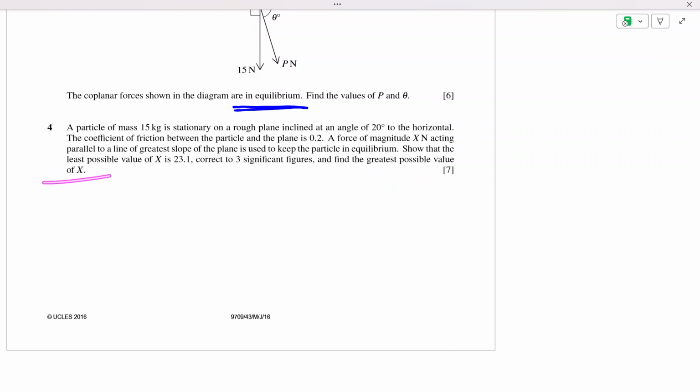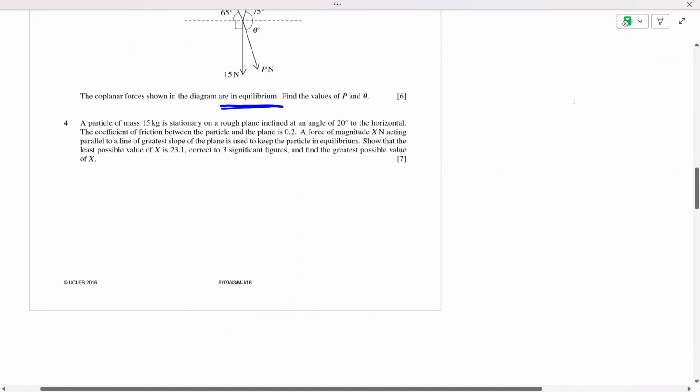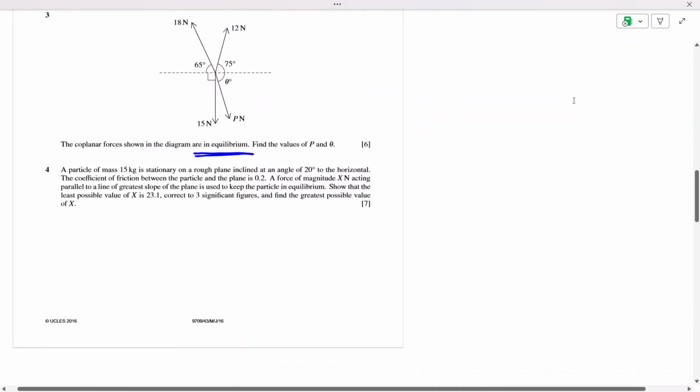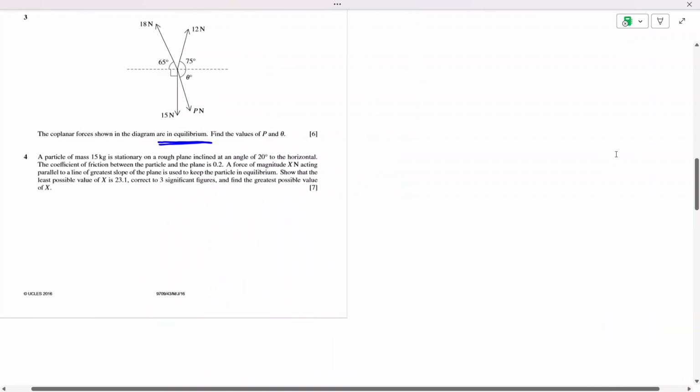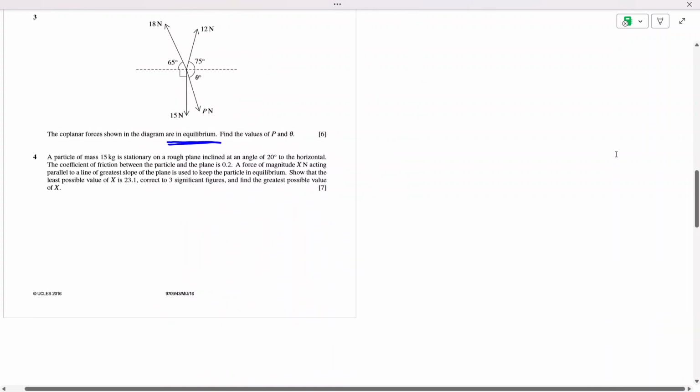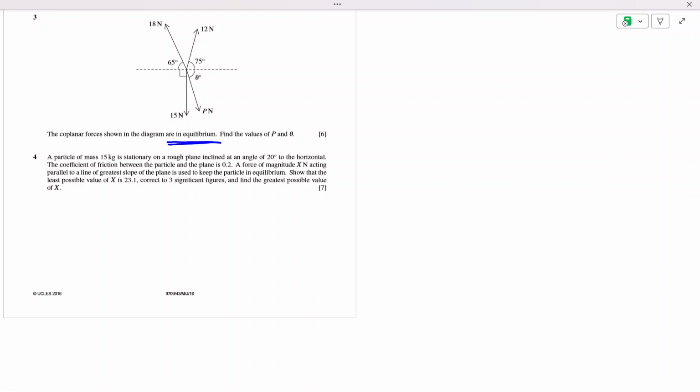Okay, so the first thing that I'll do to approach this question is sketch a diagram to the side, and that way you won't make silly mistakes. Okay, so we have an inclined plane, like that.